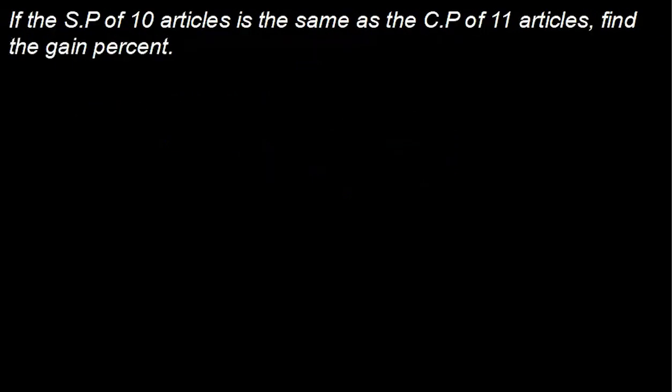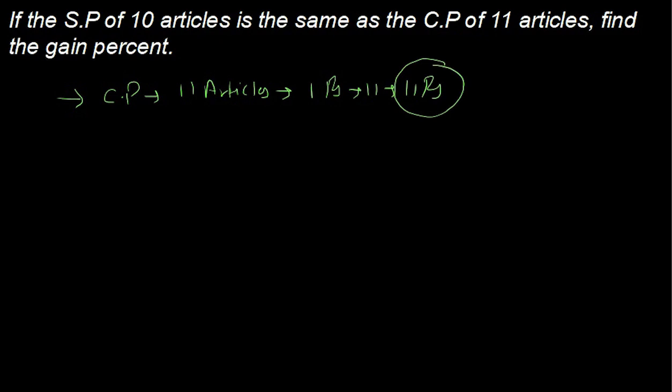If the selling price of 10 articles is the same as the cost price of 11 articles, find the gain percent. So let's assume that the cost price of 11 articles, and let's say the cost price of one article is 1 rupee, so 11 articles is 11 rupees. Now find the gain percent.